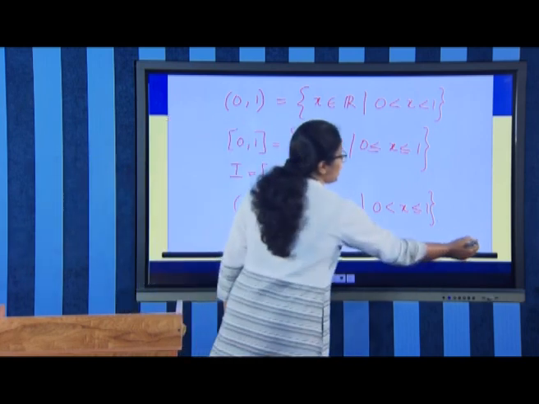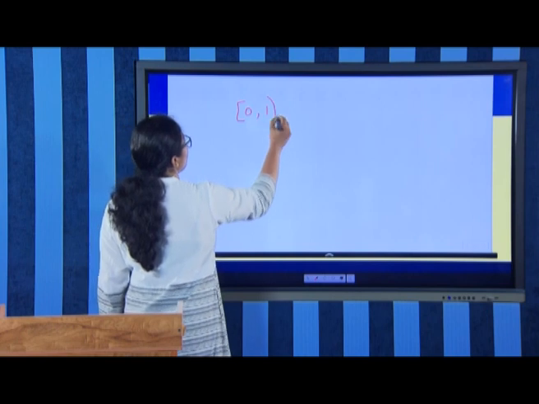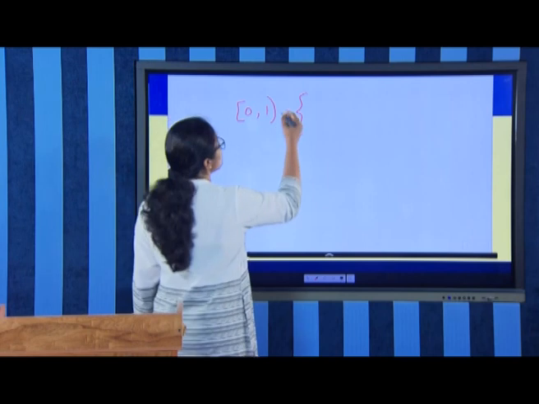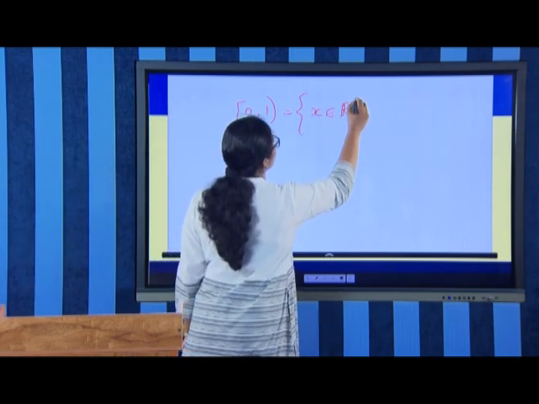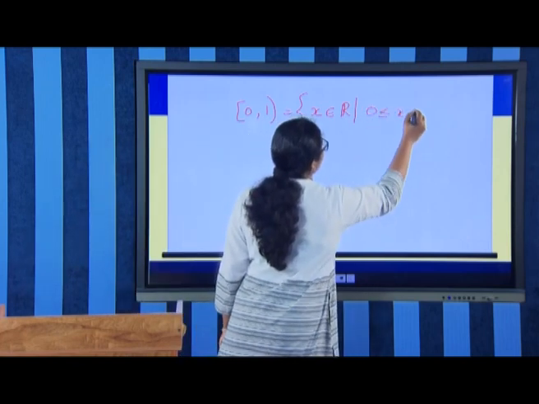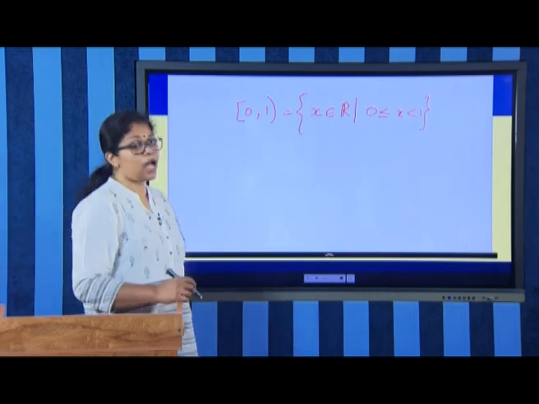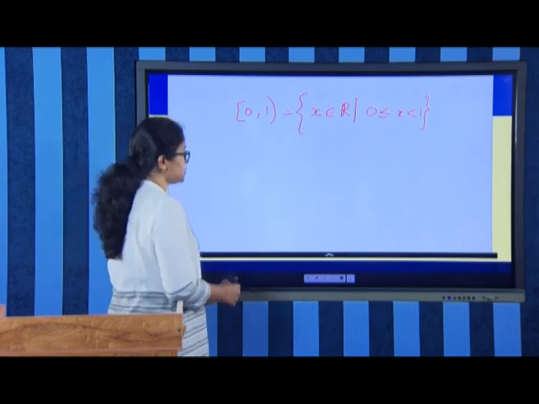And the closed 0, open 1 interval is also a semi-open or semi-closed interval. We can consider this as the set of all real numbers for which 0 is less than or equal to x less than 1. So, these are called the half-closed or half-open intervals. These are some of the examples.